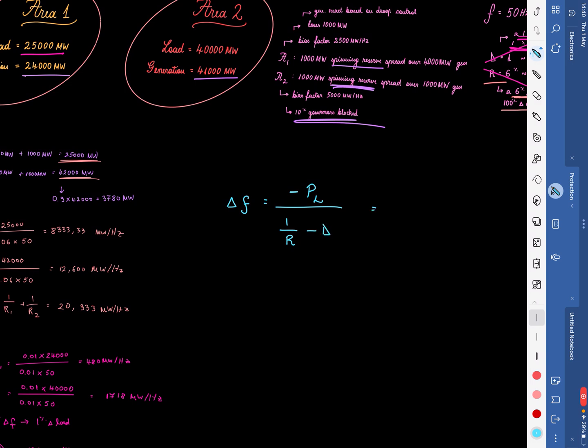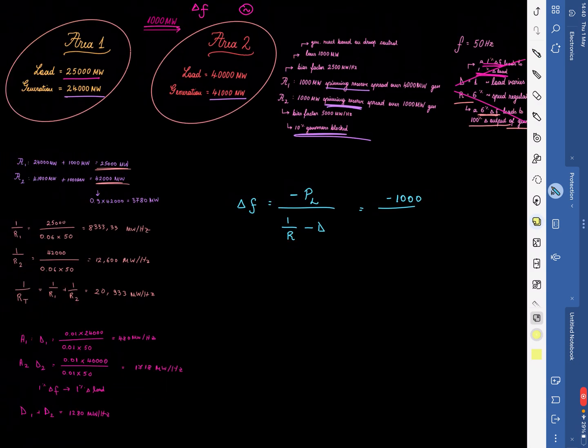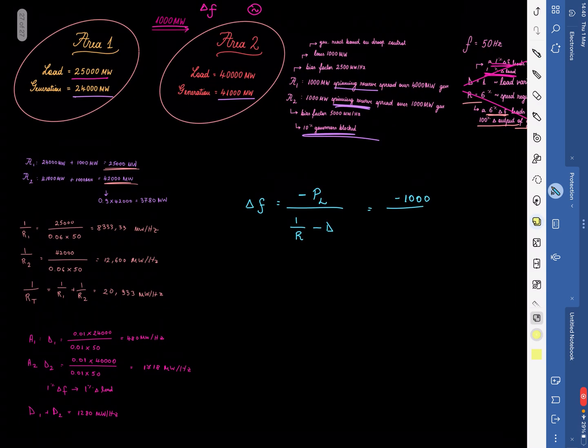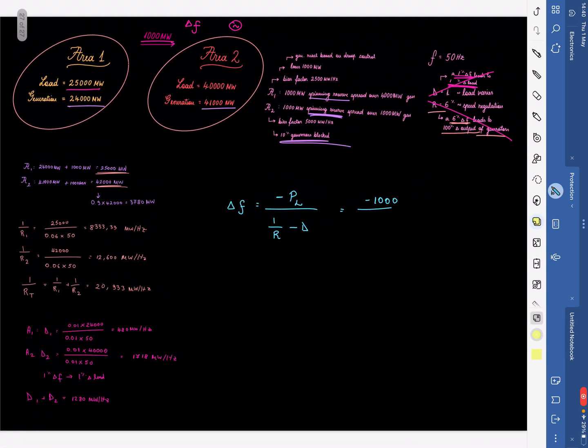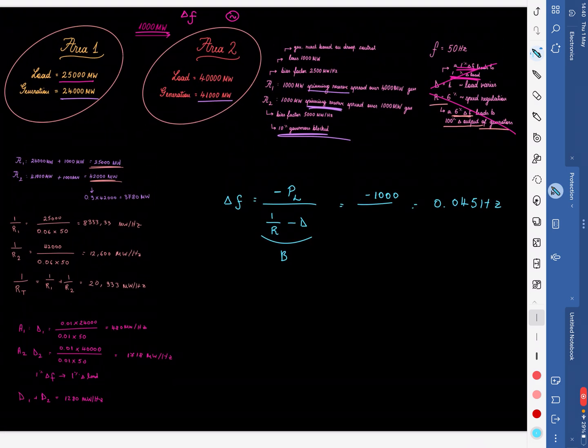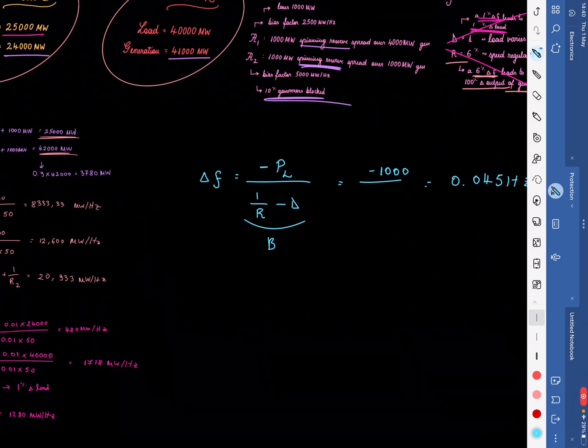So that's 1000 megawatts lost divided by these, which we have calculated here, and you get 0.045 Hertz. This is also known as your stiffness of the system, so B. That's the change in frequency.